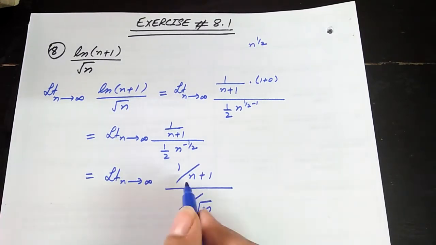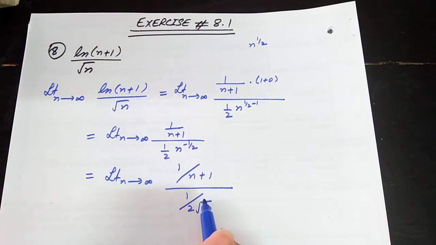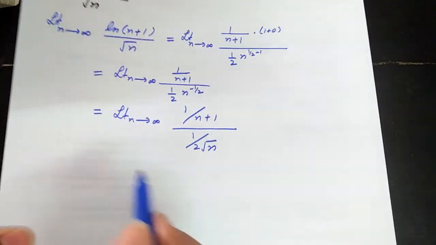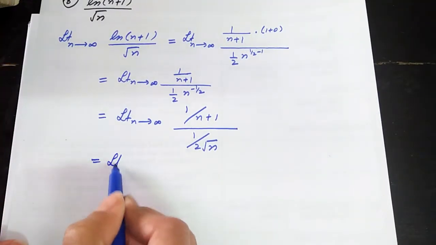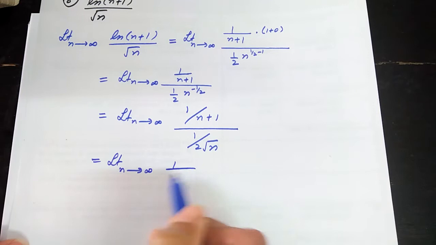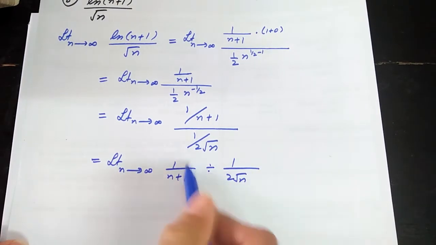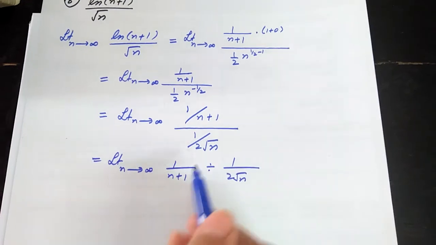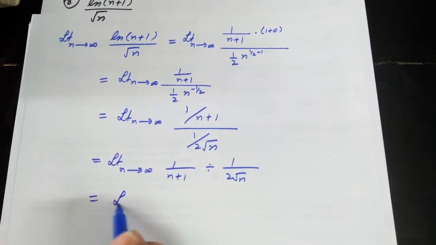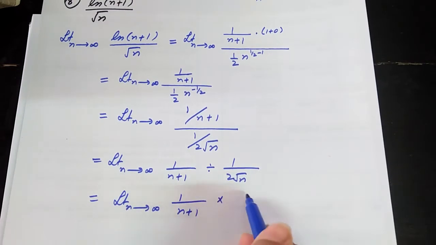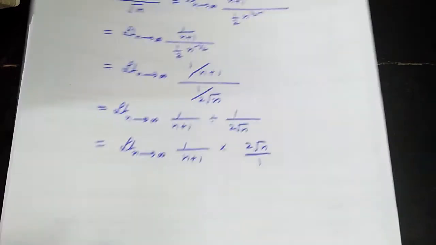Now we need to simplify it. We know that this main division line can be replaced by the division sign. This becomes the limit as n approaches infinity of 1 over n plus 1 divided by 1 over 2 root n. Now change this division sign into multiplication. It converts to the limit of 1 over n plus 1 multiplied by 2 root n over 1.